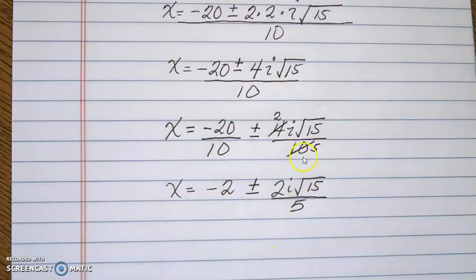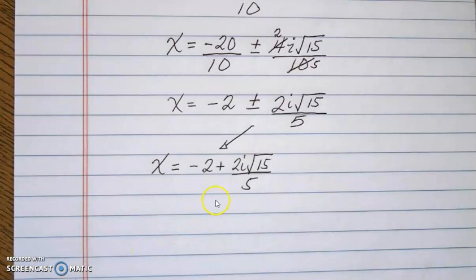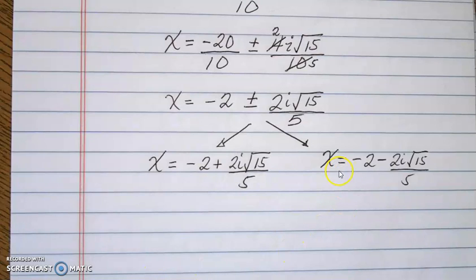All right, so your whole fraction now, which was 4i square root of 15 over 10, has now become 2i square root of 15 over 5. So let's now break this into the two solutions. All right, so your first solution is x equals negative 2 plus 2i square root of 15 over 5. And your other one is negative 2 minus 2i square root of 15 over 5.